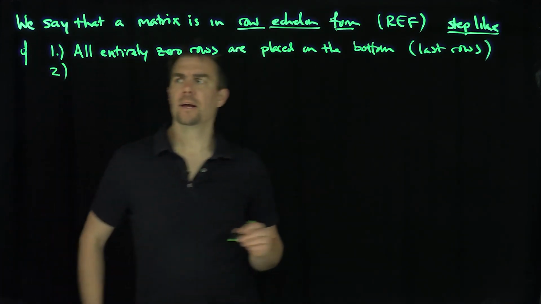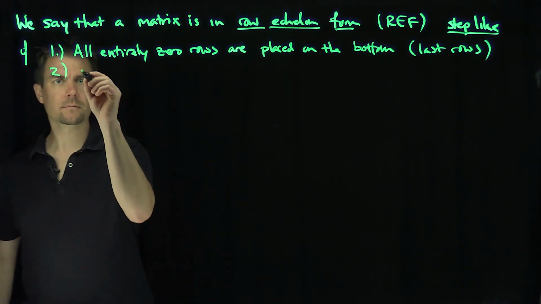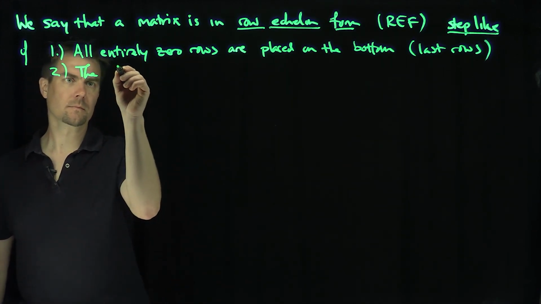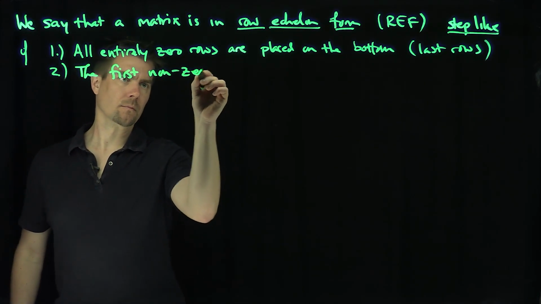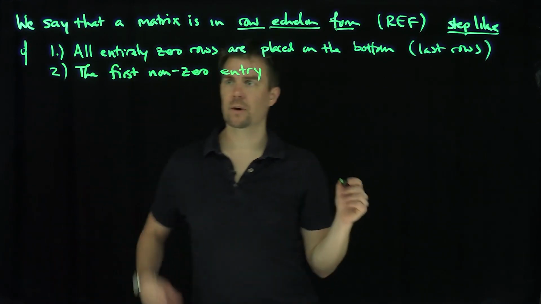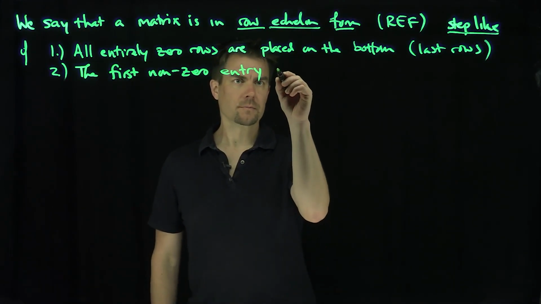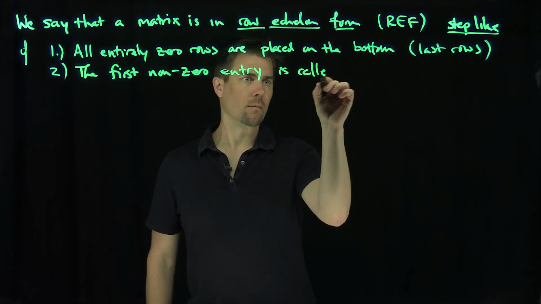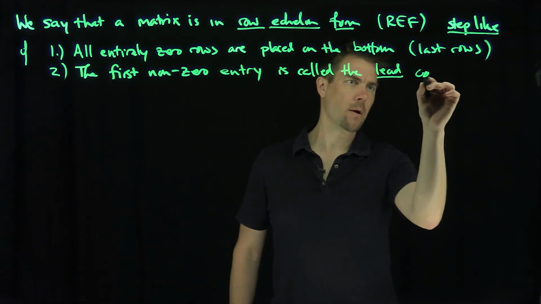Number two is that if I look at a row, the first non-zero entry in a row is called the lead coefficient.